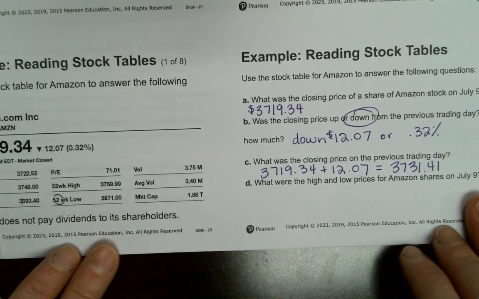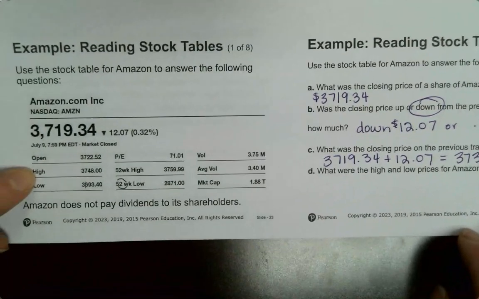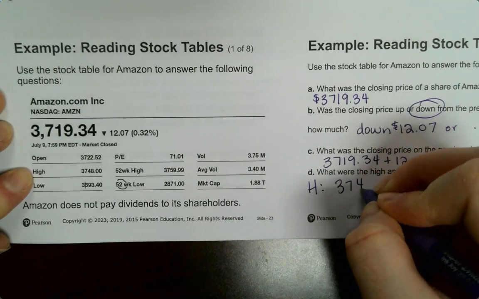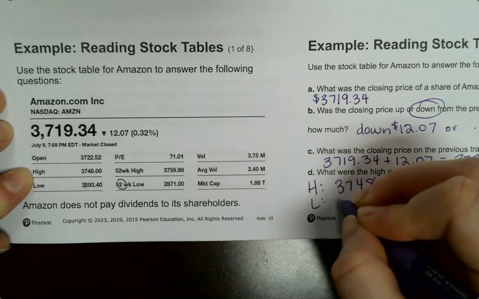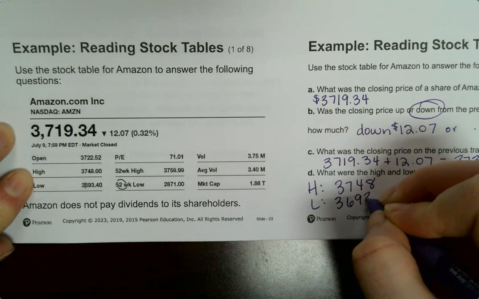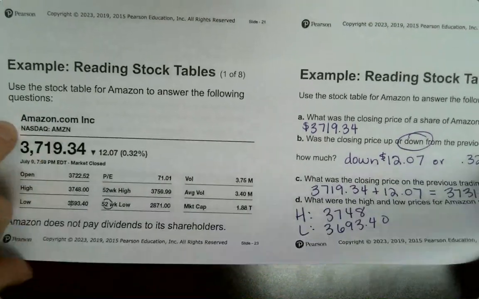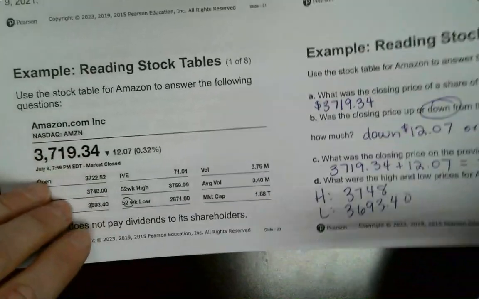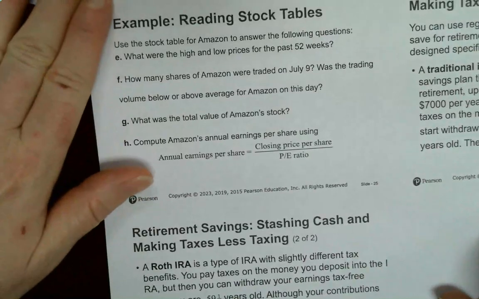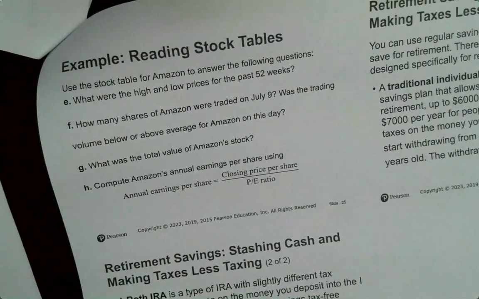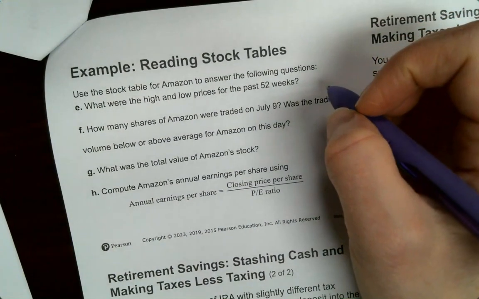What was the high and low price? Well, high and low were right here. So high was 3,748, and then our low was 3,693.40. Part D. What were the high and low prices for the past 52 weeks?